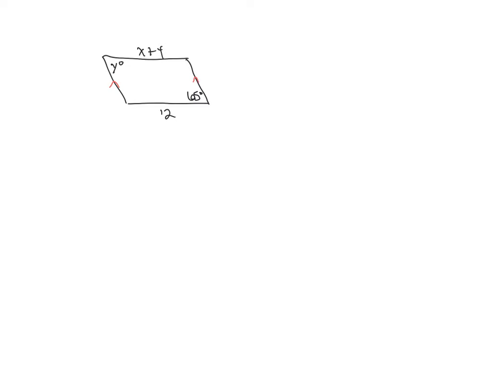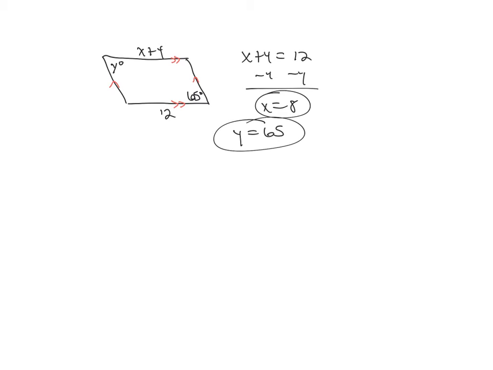It doesn't have to say it's a parallelogram, but if it's marked like that, where opposite sides are parallel, then you have a parallelogram. So very simply, that first theorem said opposite sides are congruent. So x plus 4 equals 12. And opposite angles are congruent, so y has to be 65.